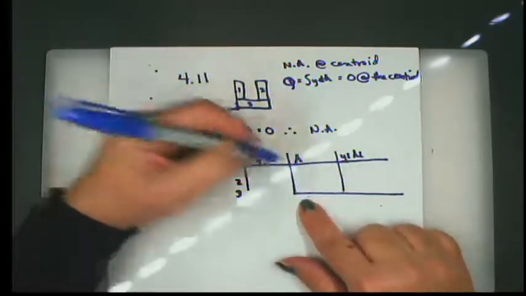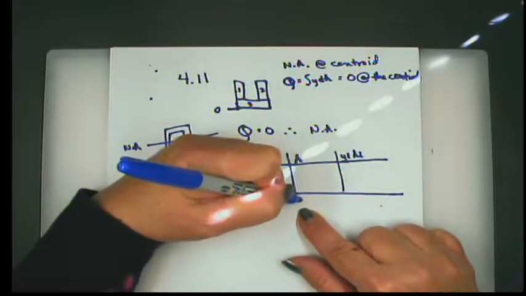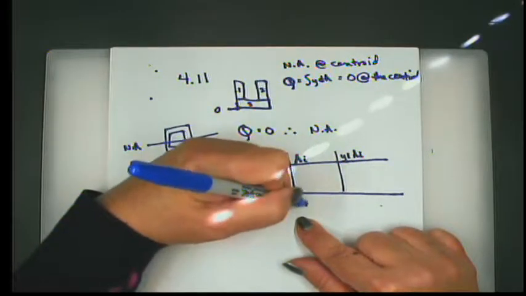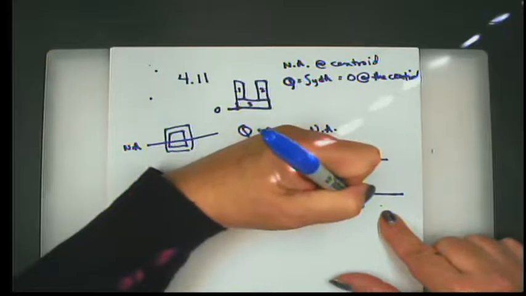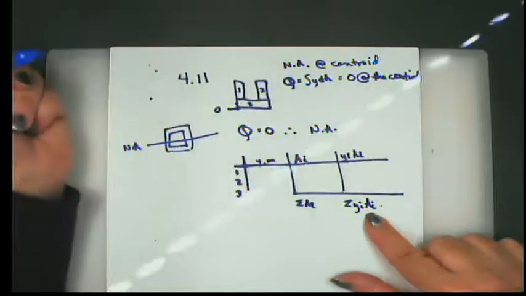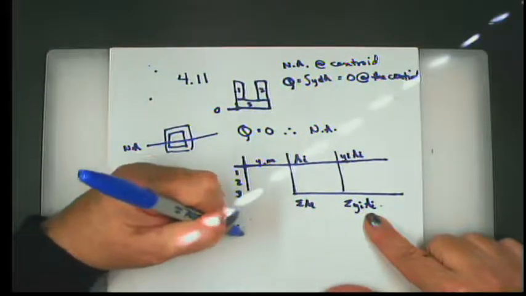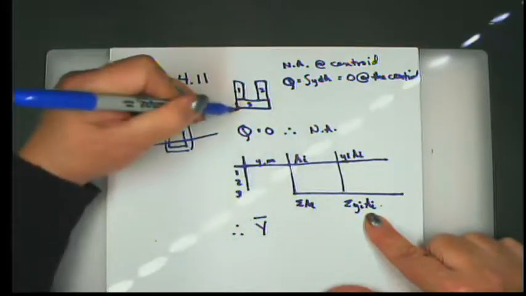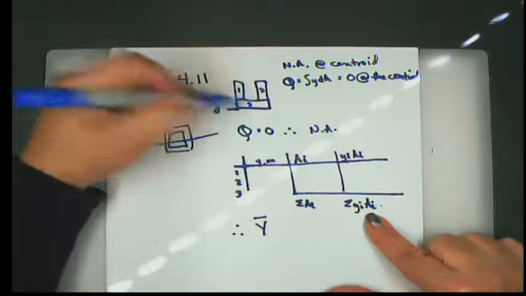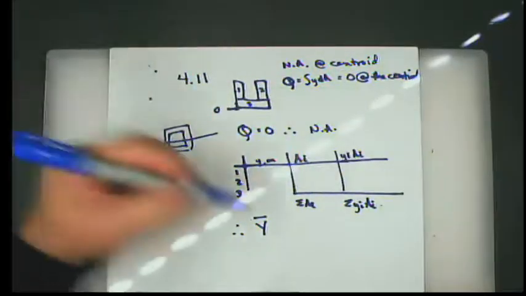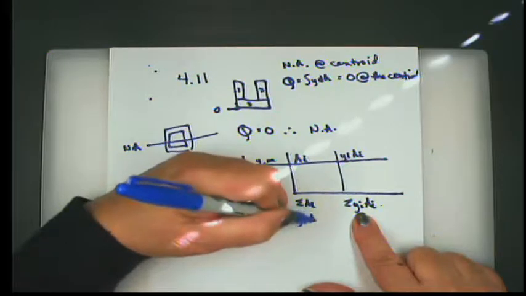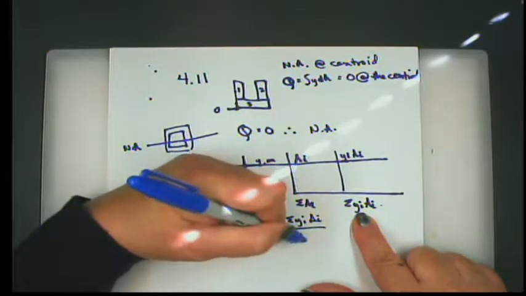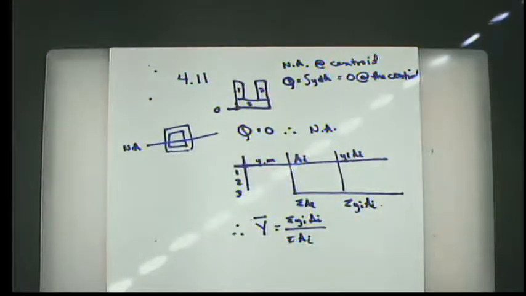And then what I do is I find the summation of those individual areas, the summation of the individual yi Ai values, and then I say, therefore, that y bar, which is the distance from my origin to the centroid, or the neutral axis in this case, is equal to the summation of these things over the summation of these things.